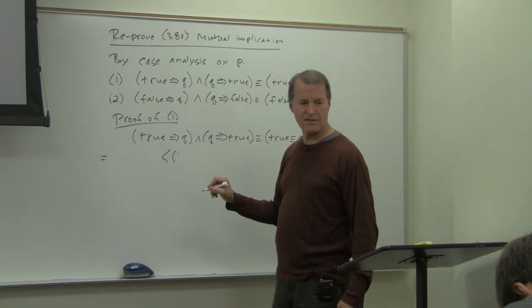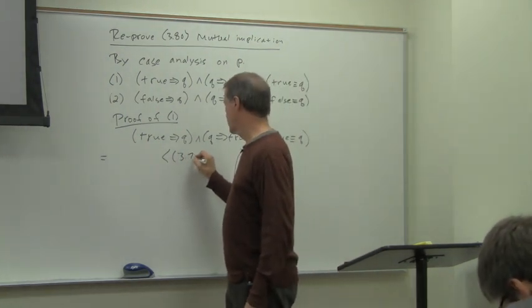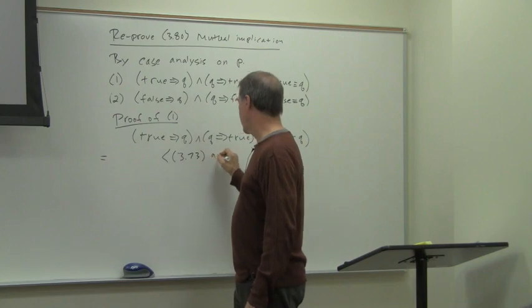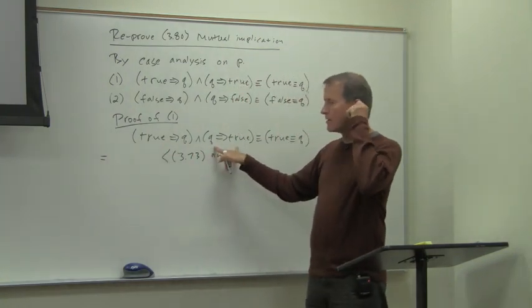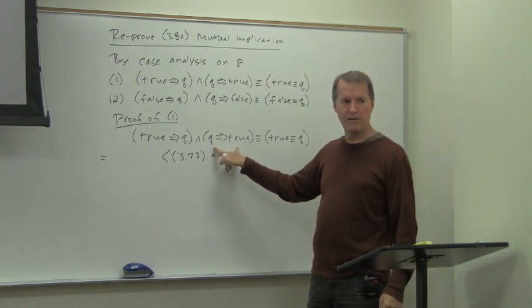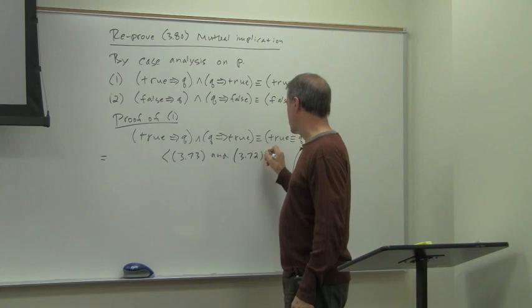I want to get a 3.73. And then what was this one? 3.72. So we'll do 2 steps at once, right? Because we're getting pretty good at this stuff.